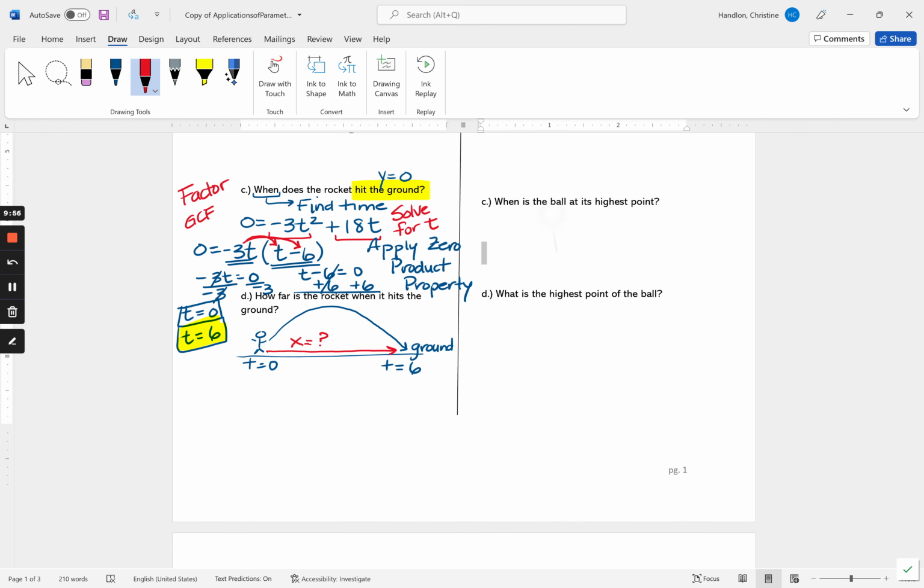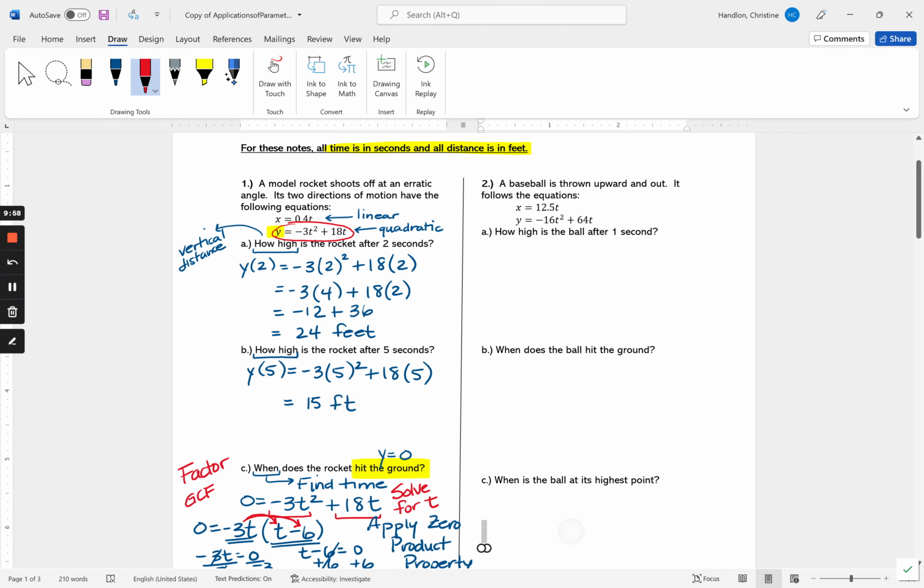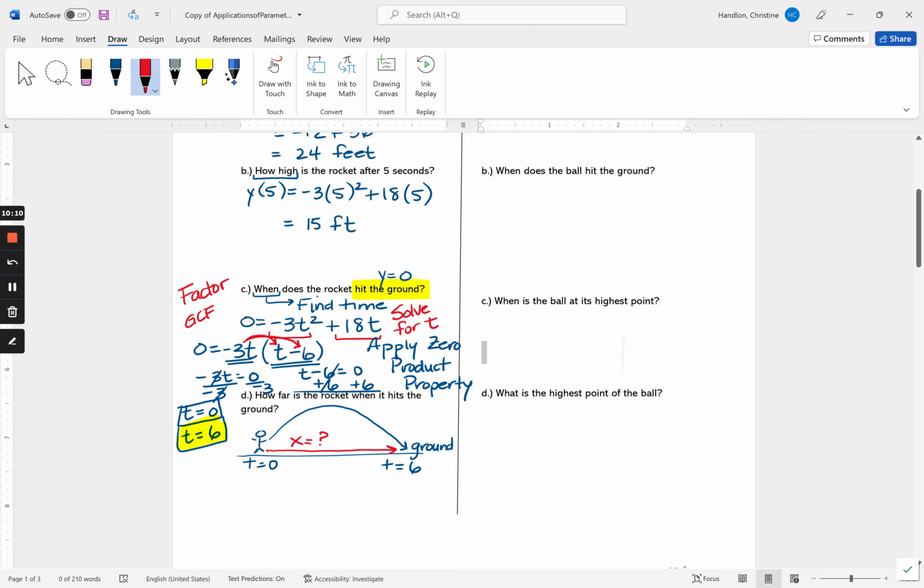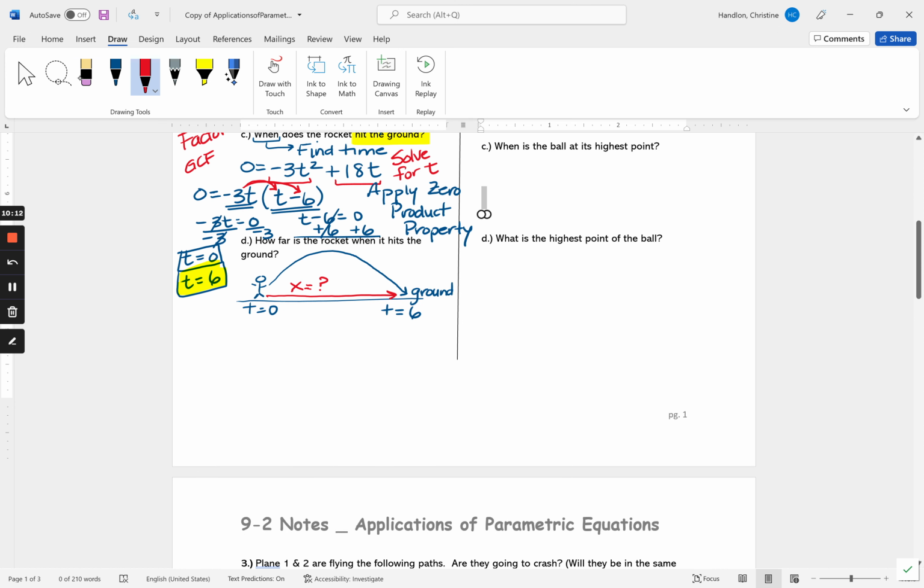Scrolling back up towards the beginning of the problem, we were given the equation for x, and this time it is x equals 0.4t. We're going to use that since we're looking for distance. In order to solve for x, we need a t value.